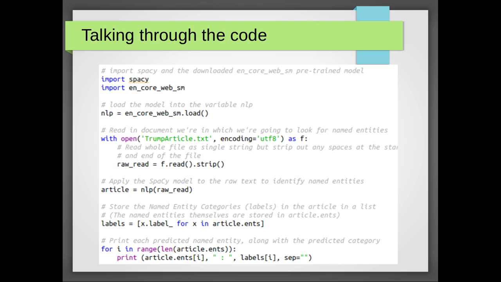I'm going to get it to print each article entity, which will be the named entity itself, followed by a colon, and then the corresponding label, which I've stored in the labels list. So grab me the first entity, the first one in the article.ents list, and its corresponding label that I've stored in the labels list. And that's all that's doing. It's just grabbing the named entity and its corresponding label and printing them to screen.